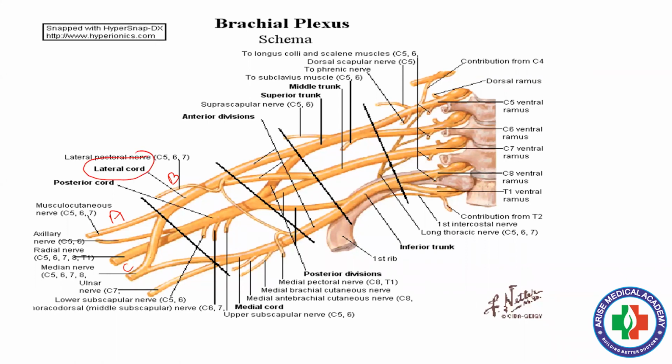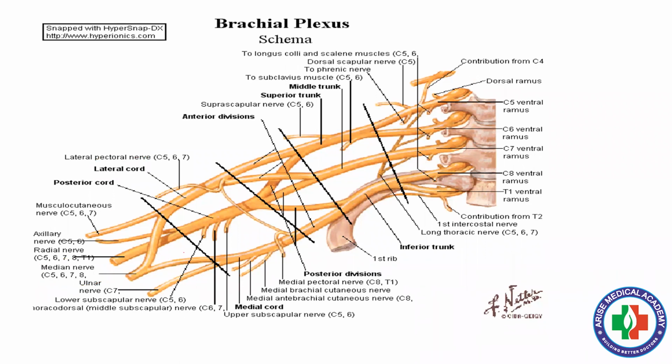Please remember the median nerve has two roots: a lateral root coming from the lateral cord and a medial root coming from the medial cord, together forming the median nerve. So when you see two roots coming, a lateral root and a medial root uniting and forming a nerve, this nerve would be the median nerve, this would be the lateral root of median nerve, and this would be the medial root of median nerve.